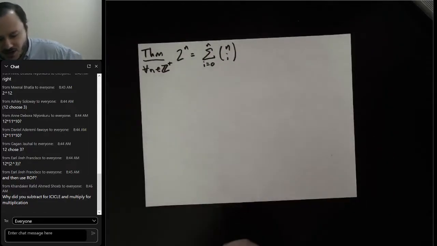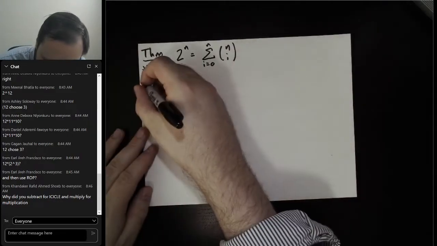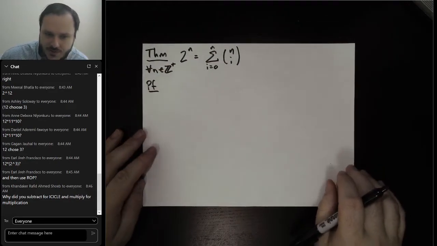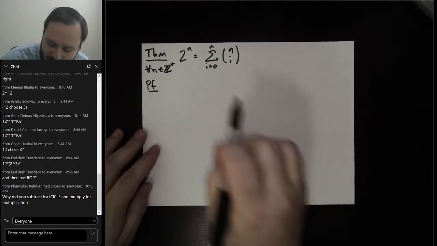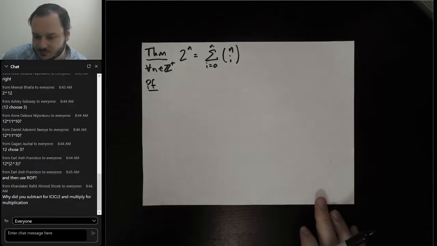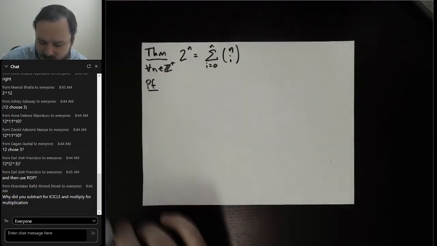So instead, I want to talk about a combinatorial proof. And my proof should be familiar because we've actually already talked about this inequality. Before I give it away, when did we see this?